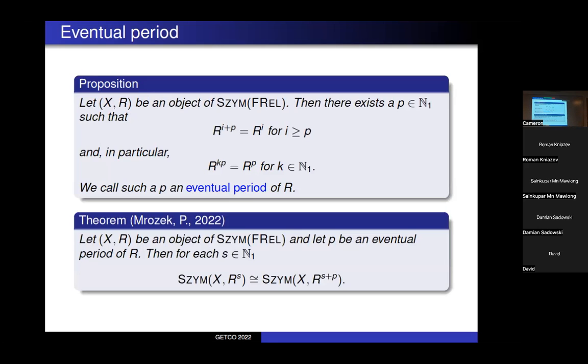We are interested in any eventual period, because in order to get these two equalities, it is okay for us to find any such p. It does not have to be the smallest one. And in the Szymczak category, any s-th power of R is isomorphic to the object equipped with R to the s plus p, where p is the eventual period.